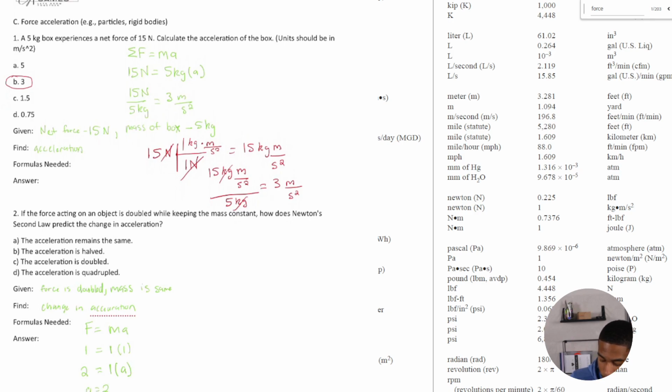So we double our force, seems like our acceleration is doubled if the mass stays the same. So does the acceleration remain the same? No. Is the acceleration halved? No. Acceleration is doubled. Yes. Quadrupled, I don't know how that would be the case.